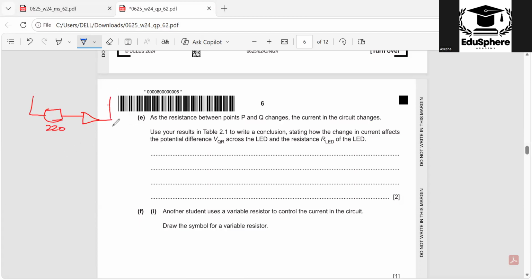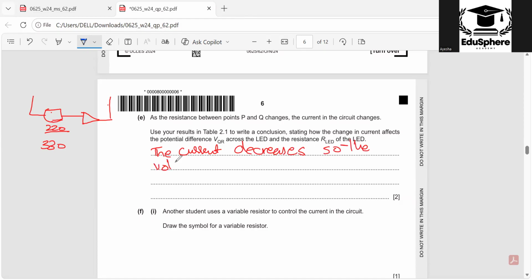With resistance 220 the current was more, but when the resistance is changed to 330, the current decreases because the resistance increased. So we will say that as the current decreases, the voltage decreases.